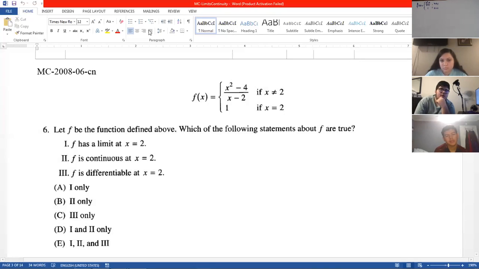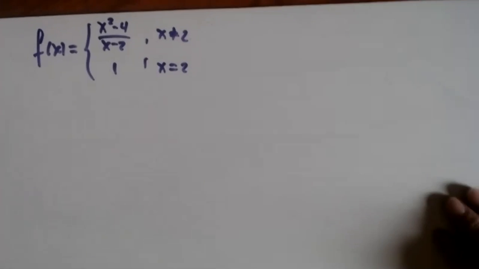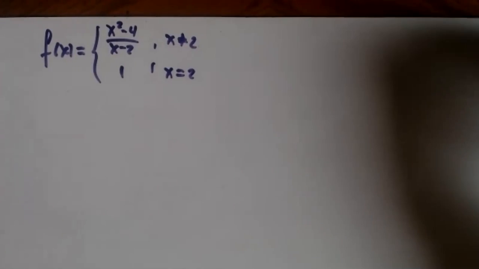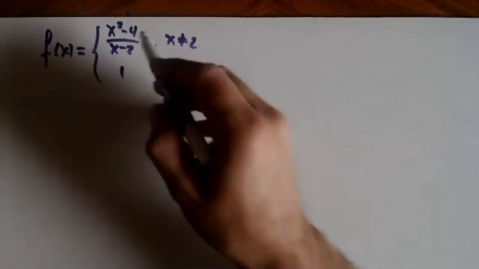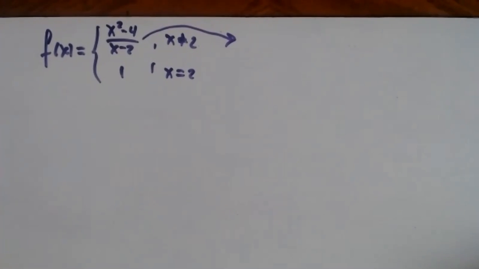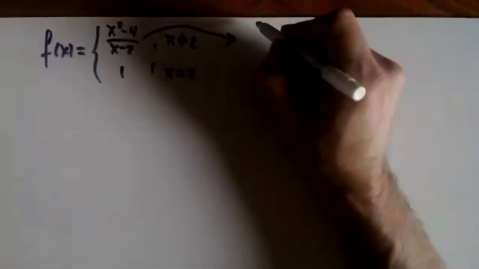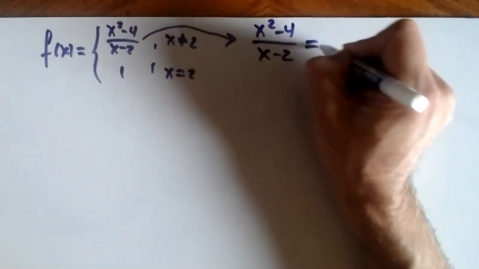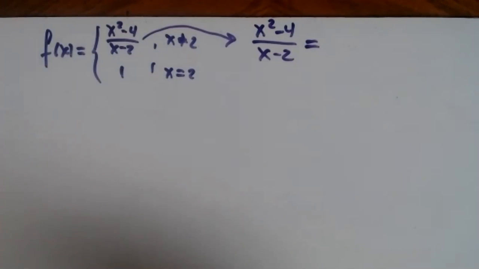Okay, let's analyze this one. Here is the board, correct? So we have here the function. Okay, here is the trick. This function, can you reduce that function? Is x squared minus 4 over x minus 2 equal to something?